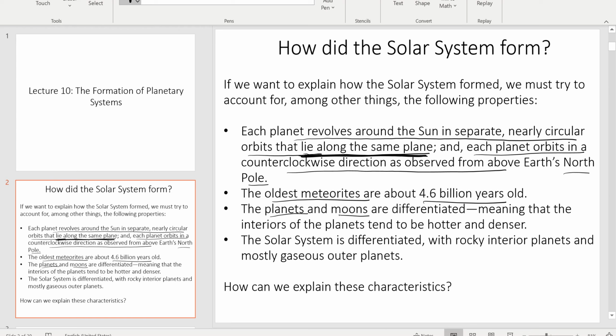The solar system is also differentiated, which means that there are rocky interior planets and gaseous outer planets. In this context, differentiated means that there are different molecules that tended to form planets in different parts of the solar system.